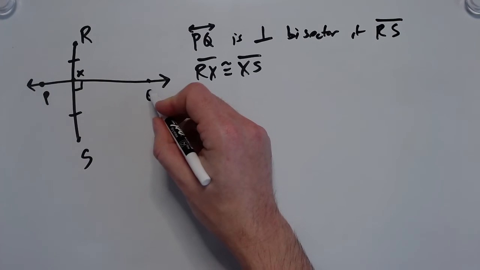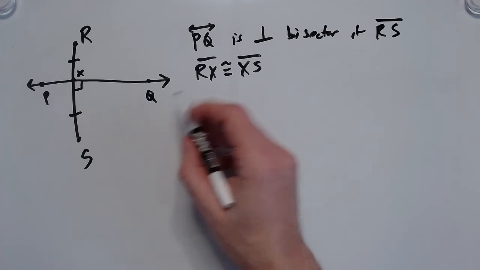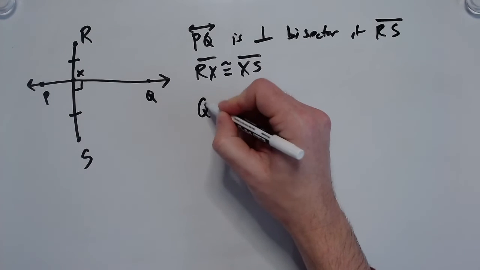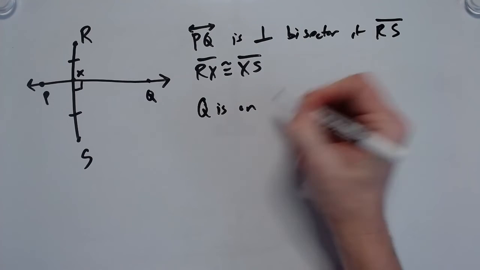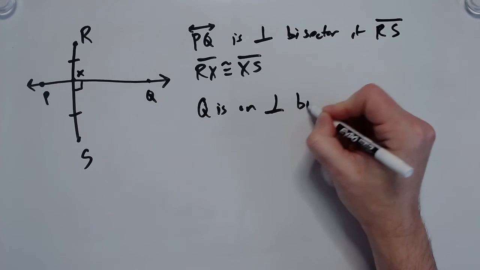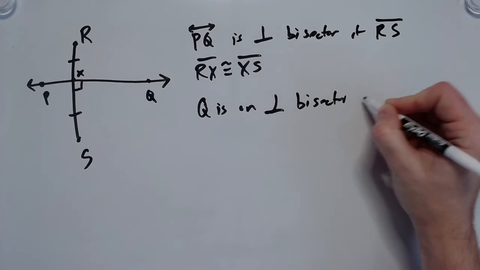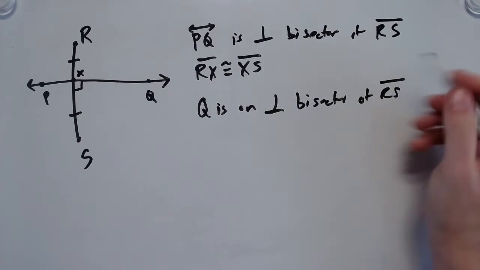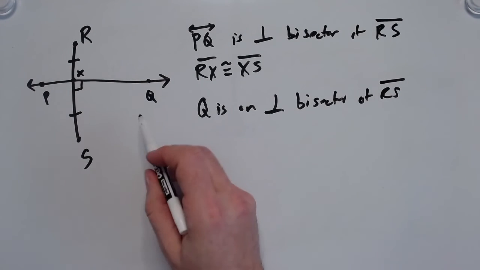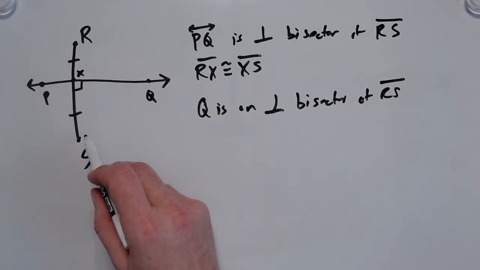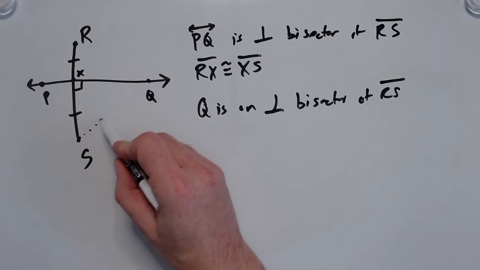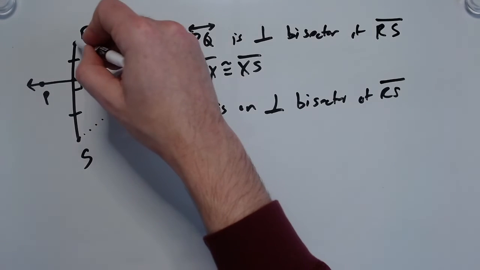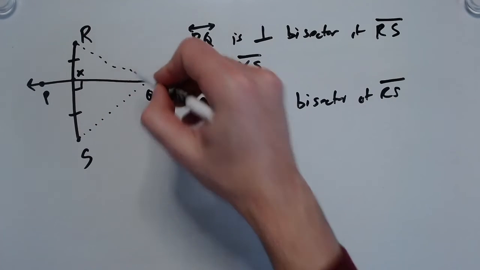What else can we say about this? We've got point Q out here. And Q, we'll just say, Q is on a perpendicular bisector of RS, which we already know. So what can we say about that? It's on the perpendicular bisector. Therefore, it must be equidistant between these two.